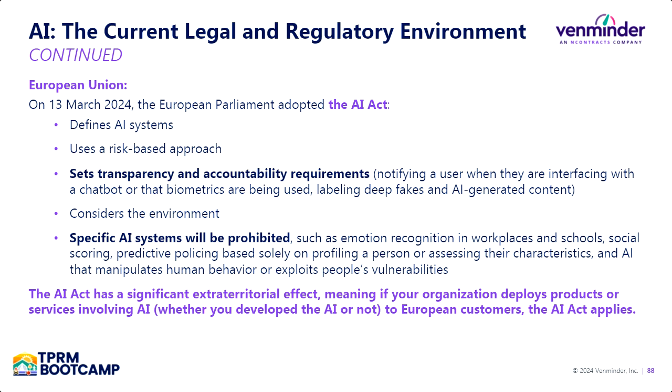So that means if you're the user, you get notified if you're interfacing with a chatbot, not a real person, or those crazy images have to be labeled as AI. It also thinks about the environment, because generating all this information and constantly remodeling this data takes a tremendous amount of energy, and it prohibits specific types of AI altogether.